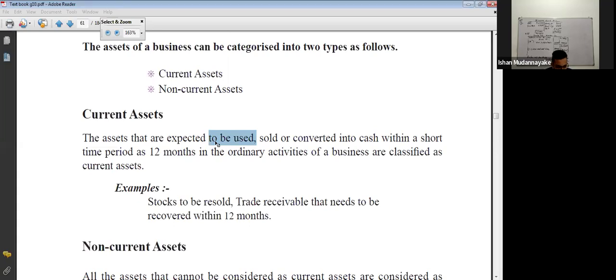Assets that are expected to be used or sold, such as closing stock, or converted into cash, such as debtors. Debtors are going to be converted into cash within a short time period, as in 12 months. Assets expected to be realized within 12 months in the ordinary activities of the business are classified as current assets.